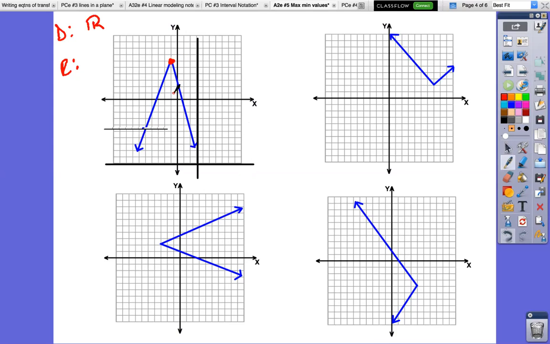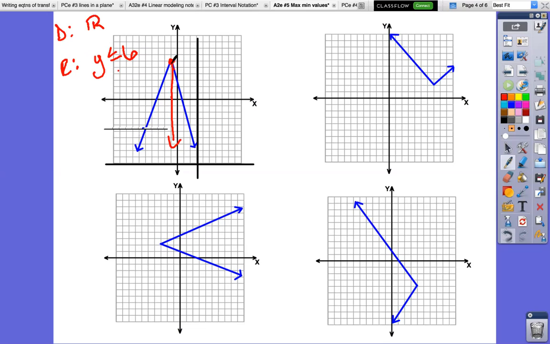The vertex creates a maximum or minimum value. So that's 1, 2, 3, 4, 5, 6. So my range are all of my y's below 6. So my range is all real numbers as long as y is less than or equal to positive 6.